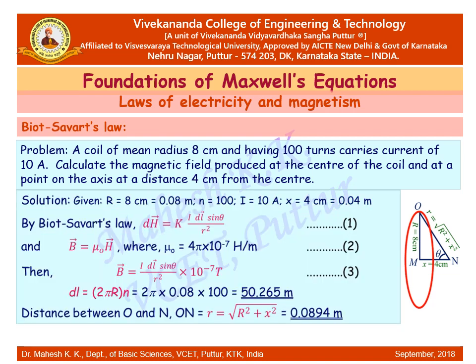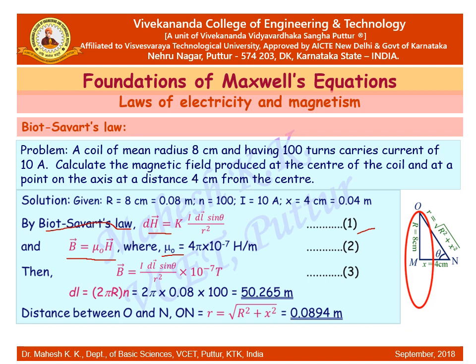Now from the Biot-Savart's law, what do we have? We have the equation for dH. So dH is equal to k I dl sine theta by r square. Let it be equation 1. And also recall the fundamental equation, B is equal to mu naught H, where mu naught is 4 pi into 10 to the power minus 7 Henry per meter.